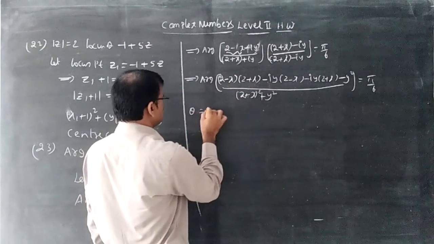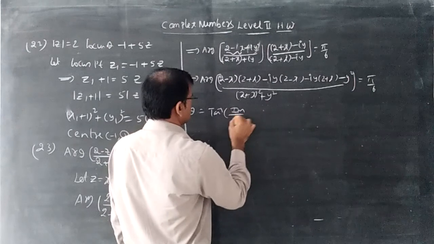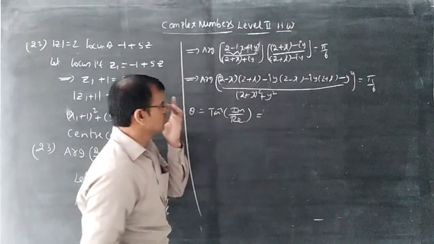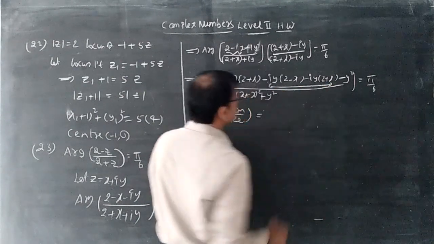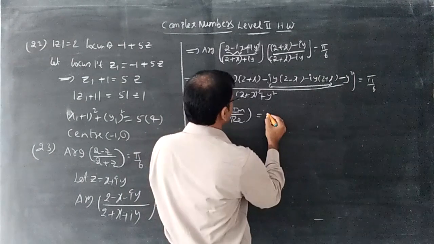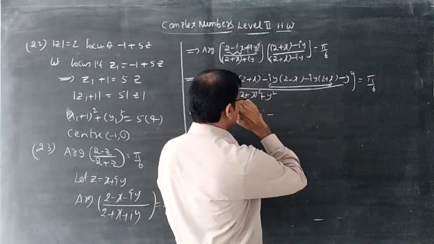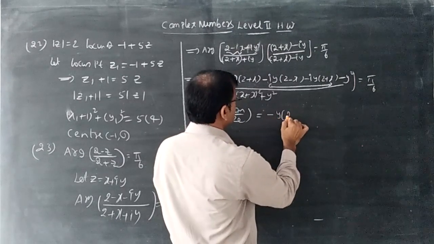What is imaginary meaning here? This is the imaginary part. So minus iy, whenever you are taking common, minus iy. So minus y into 2 minus x.